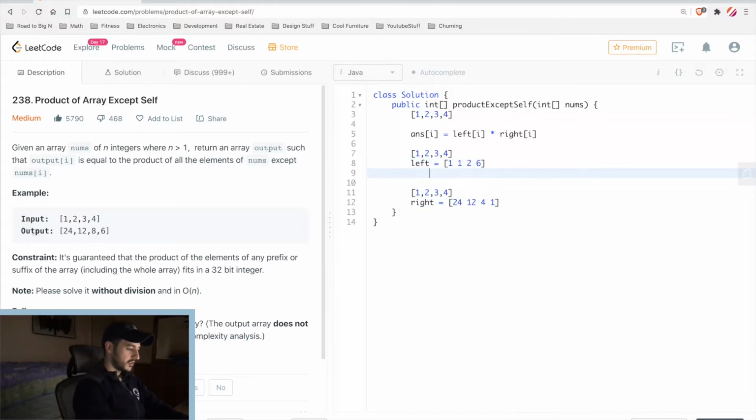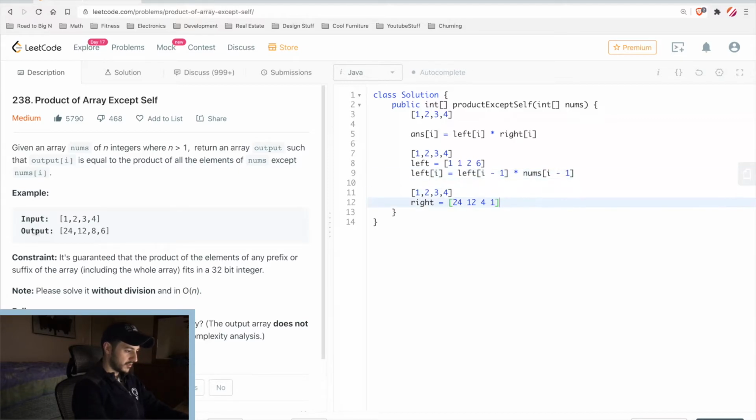And we can actually figure out the formulas for this so that we can implement these. And this will be left at i is going to be equal to left at i minus 1 times nums at i minus 1.